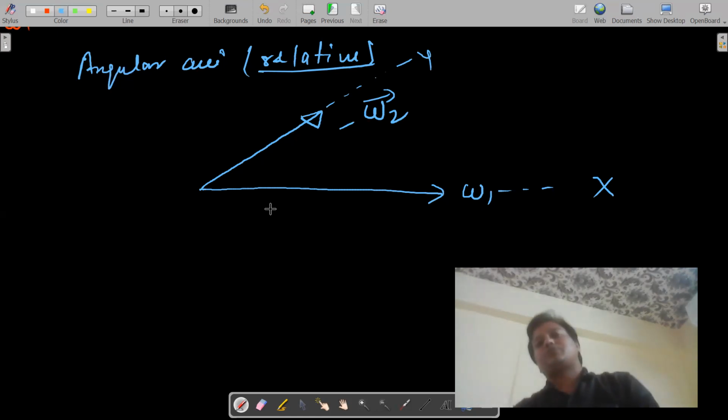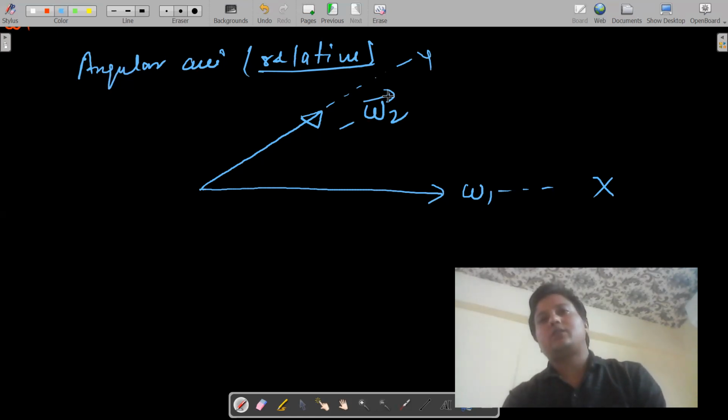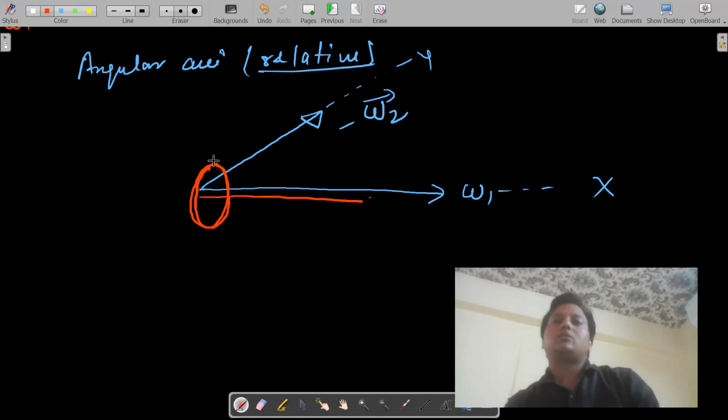So what minus omega 2 says is that the body will have a rotation with this omega, and also this body is rotating with omega 2.